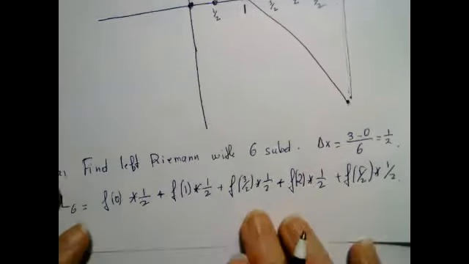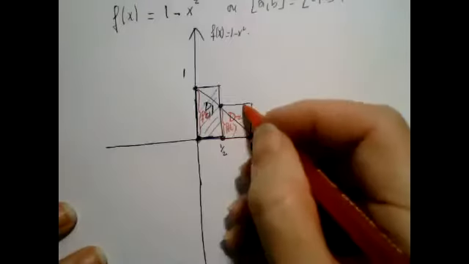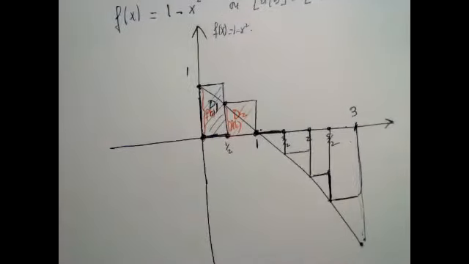Sorry, that should not be f of 1. Why don't you guys correct me? I'm missing f of 1/2 times a half. So I'm missing a term in here. So f of 1/2 times a half, if I call this region D2, is going to represent the area of D2.